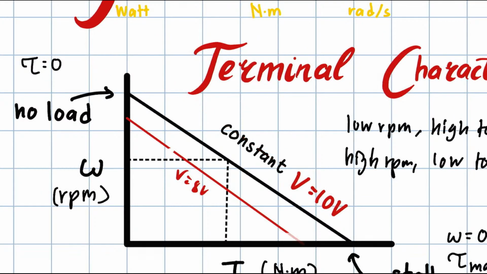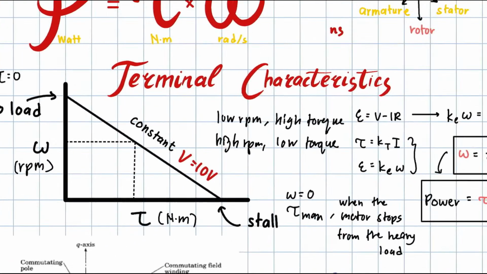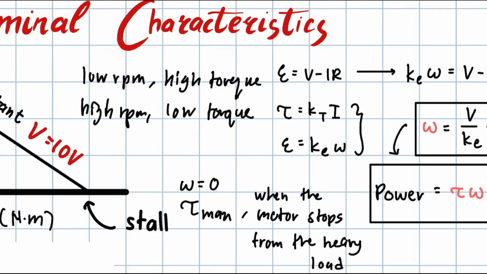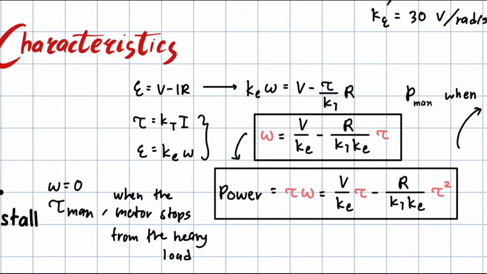Okay, so that is the graph. Now we have a derivation. Let's say we have EMF equals V minus IR.